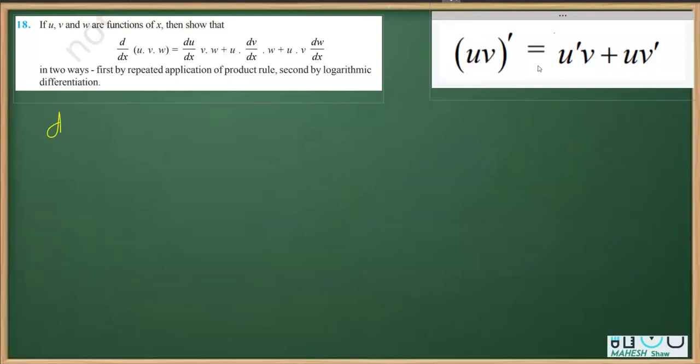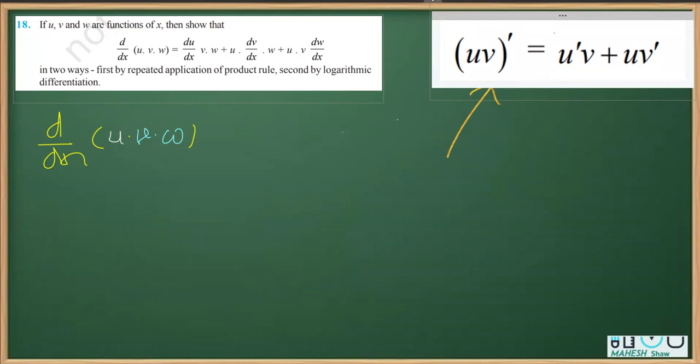It is d by dx of u·v·w. So I'm going to consider u as the first function, and v·w as the second function. Now, if I find the differentiation, for applying the product rule, it is the differentiation of the first function.